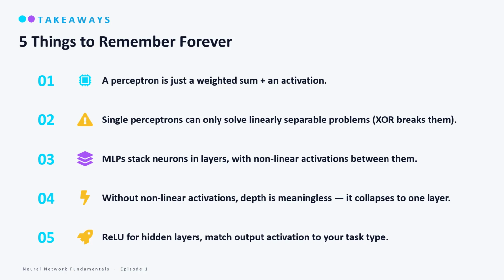Multi-layer perceptrons fix that by stacking neurons with nonlinear activations. 4. Without those nonlinear activations, depth is meaningless. The whole network collapses. 5. Use ReLU for hidden layers, match the output activation to your task. That is the rule. Get those five down and you understand the foundation of every AI system on the planet.